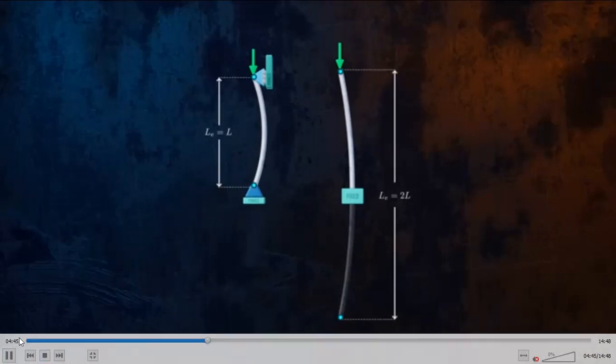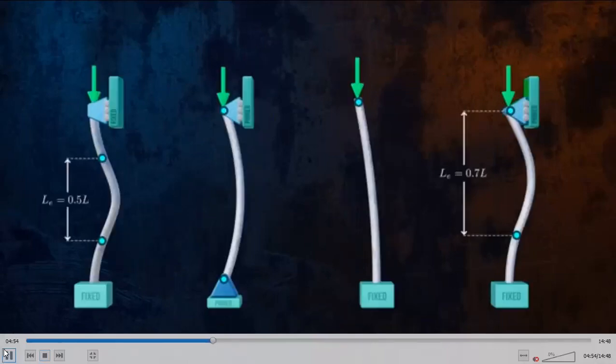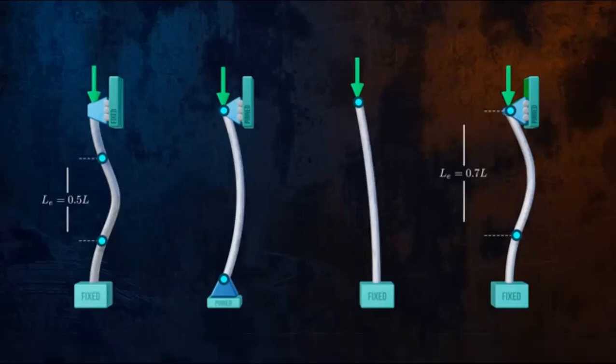And likewise, you can calculate the effective length, right? For fixed-fixed, I think it's 0.5, not 0.7. For fixed-pin, it's 0.7. This is nothing but the distance between zero moment inflection points.